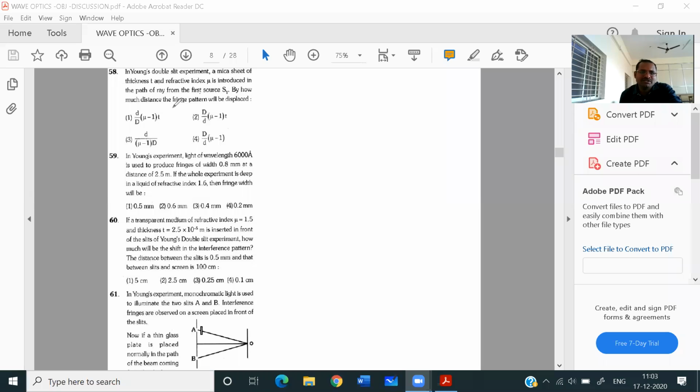By how much distance will the fringe pattern be shifted? So this is a formula: the shift in the fringe pattern is capital D by small d into (mu minus 1) into T. This is a direct formula. Use this. You have to remember this.